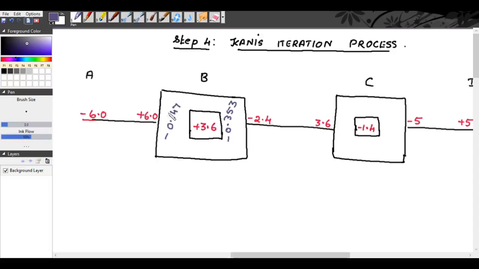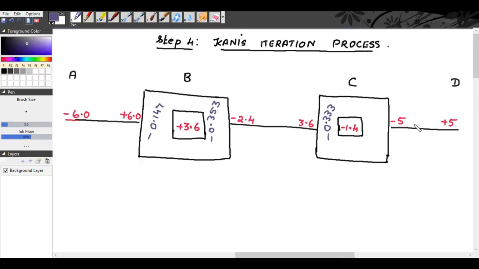Write vertically, okay? Again, at joint C, for CB, the rotation factor is minus 0.333 and for CD, the rotation factor is minus 0.167.